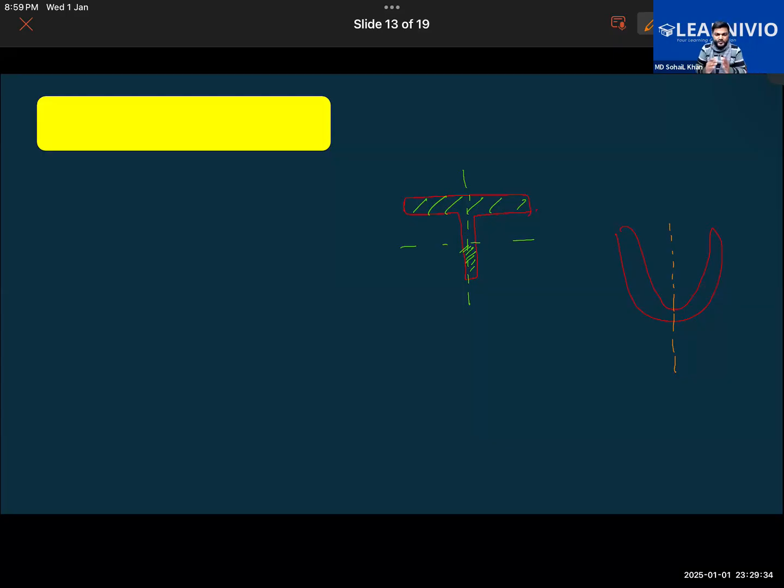Now suppose you have taken a sheet of paper. Do this activity with me. Just take a small sheet of paper, like I am also taking a small sheet of paper.